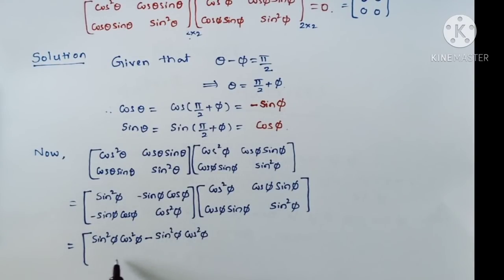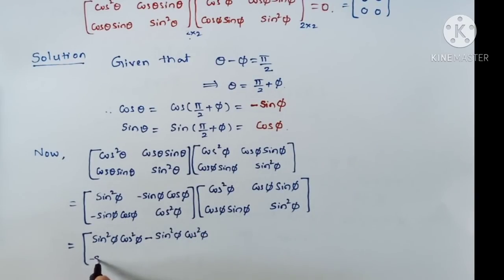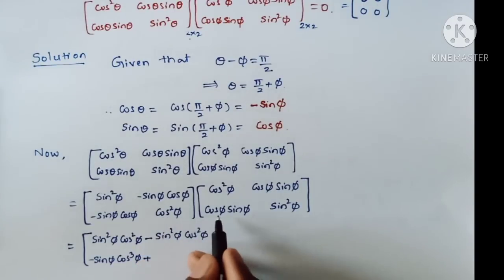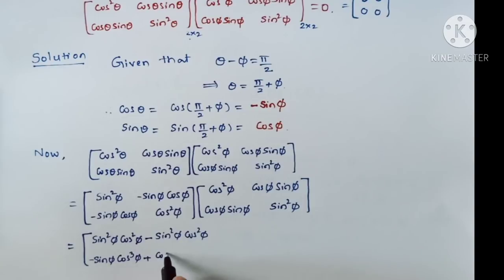And to get the first column second row element, it is minus sin phi cos phi into cos square phi, that is minus sin phi cos cube phi, plus cos square phi into cos phi sin phi, that is cos cube phi into sin phi.